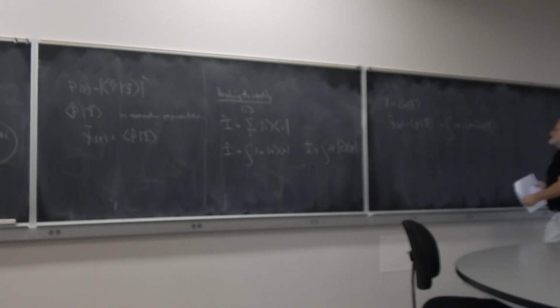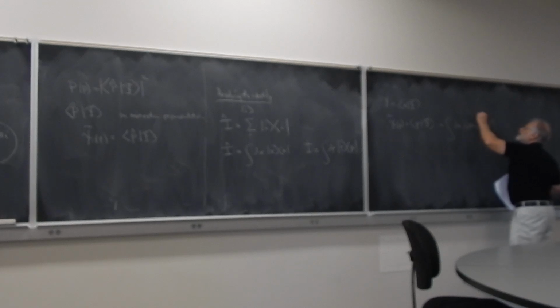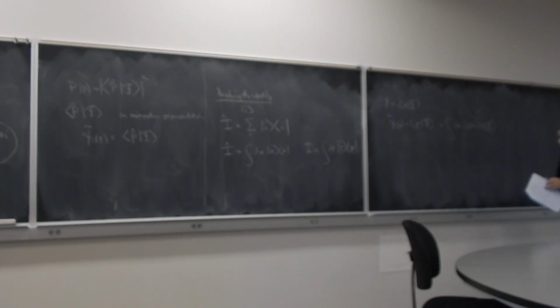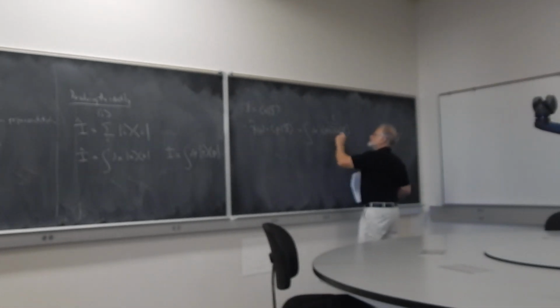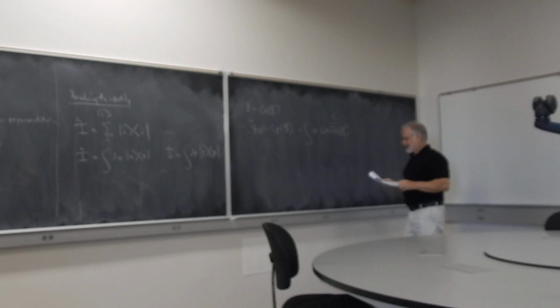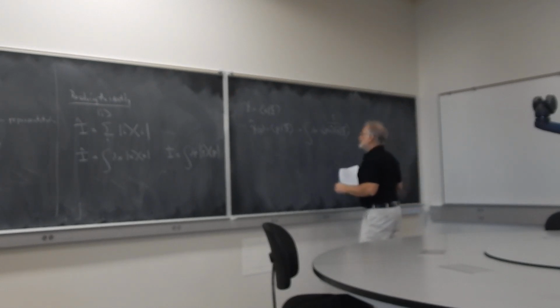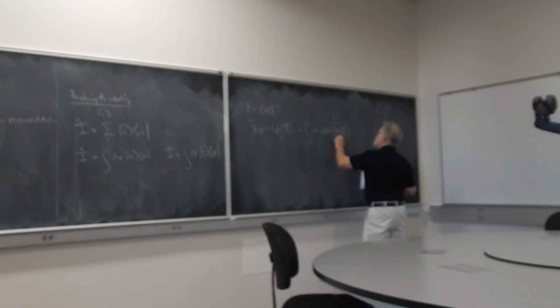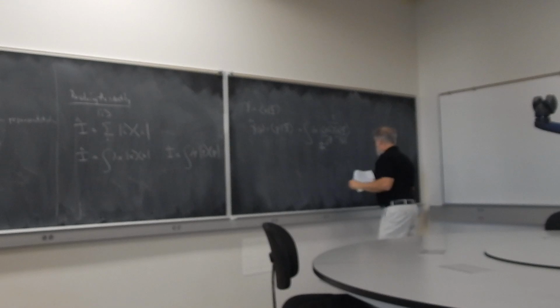See, what I've done is I've inserted in here the identity operator. I'm representing the identity operator by this sort of reversed inner product of x and x. Now, <x|psi> is just psi of x, and <p|x>, as we had before, is 1 over the square root of 2 pi times e to the minus i px over h bar.